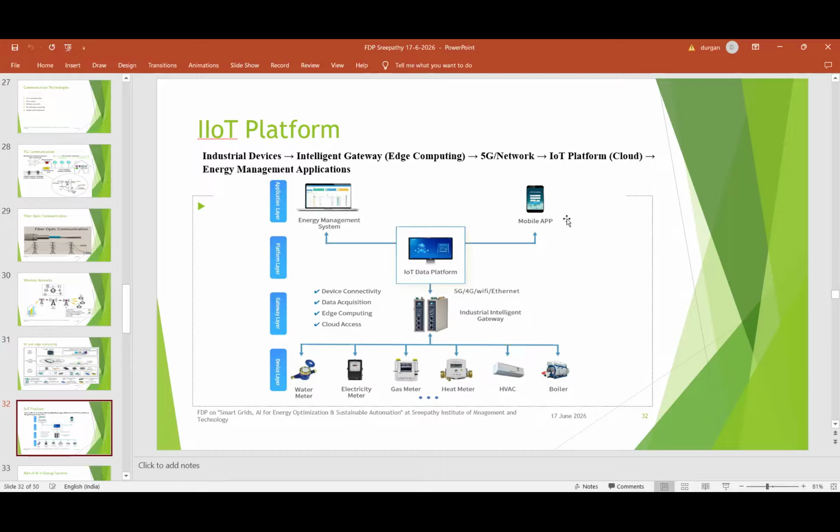That is IIoT. The IoT platform collects data from thousands of sensors and uses cloud computing and AI to generate insights for decision making. By using this, the failures of equipment can be analyzed and it also improves the overall performance.